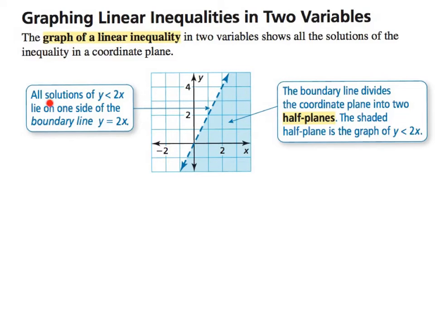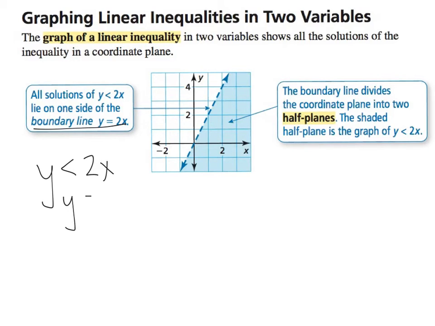So in this problem, all solutions of y less than 2x lie on one side of the boundary line. So if I wanted to graph y is less than 2x, all of your solutions are represented here in this shaded blue region. Now, they graph the boundary line.